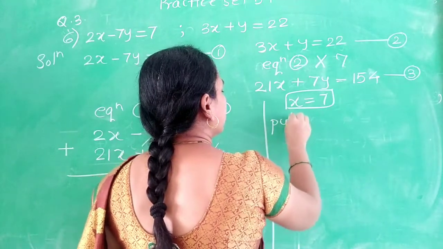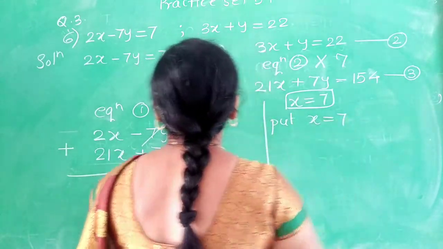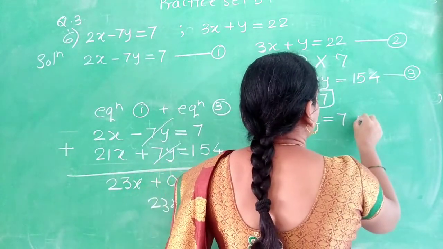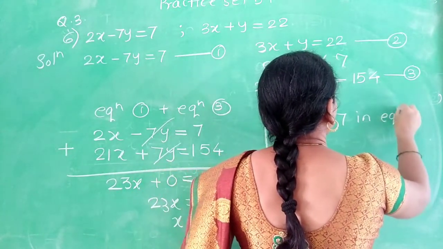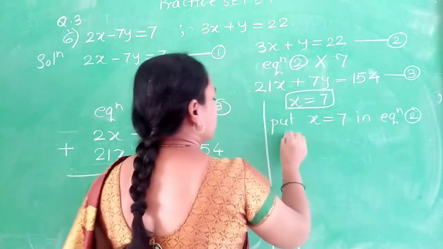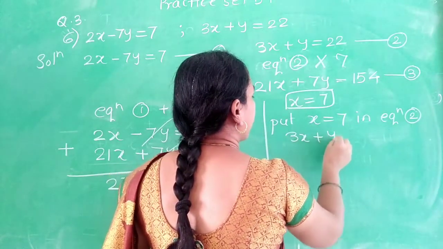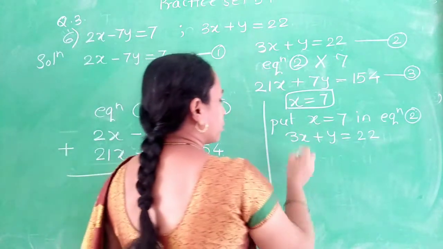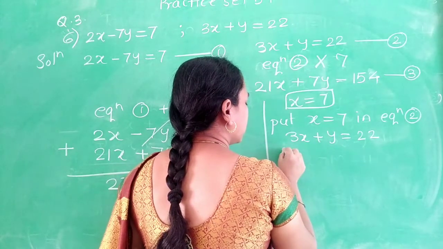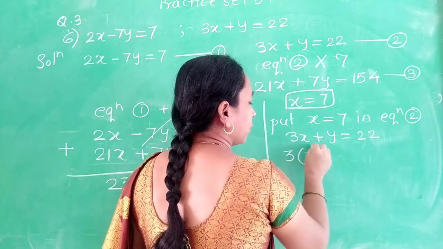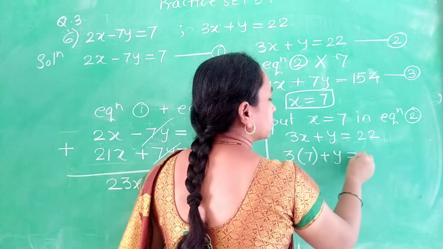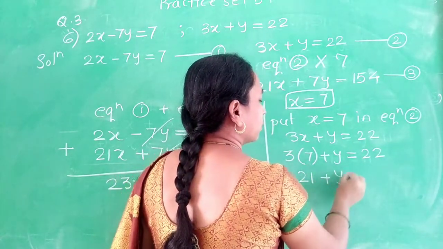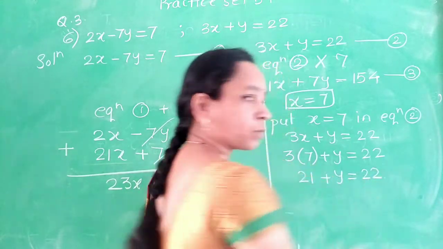Put x is equal to 7 in equation 2. It is an easy example. In equation 2, we have 3x plus y is equal to 22. Here if I put the value x is equal to 7, so 3 into 7 plus y is equal to 22. 3 sevens are 21 plus y is equal to 22.